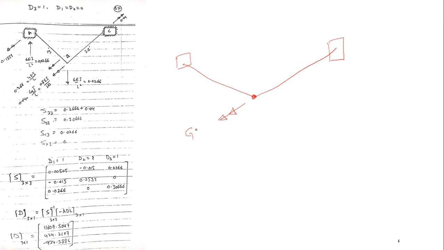Its magnitude would be equal to GJ by L. In this question, GJ is taken as 0.8 EI. So 0.8 EI and its length is 20. It becomes 0.04. It would be resisted somewhere here.